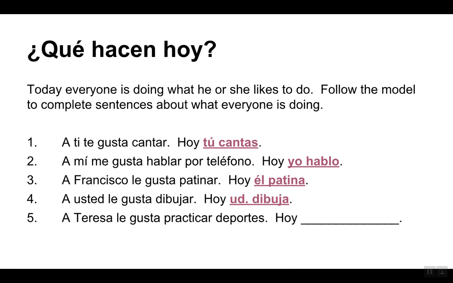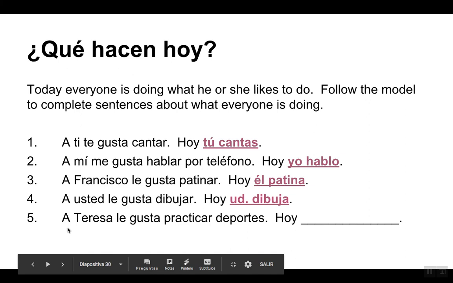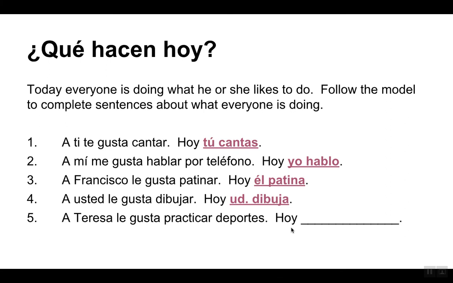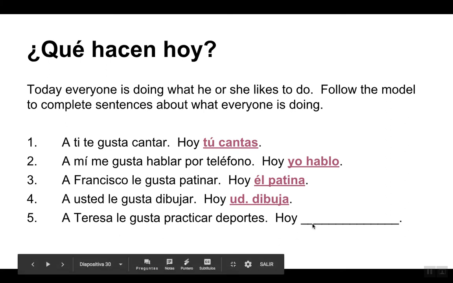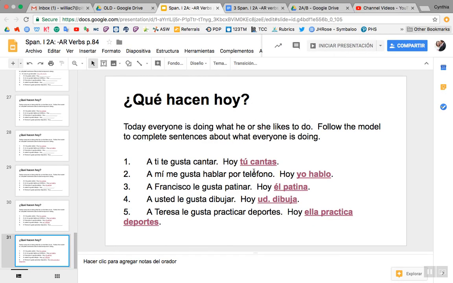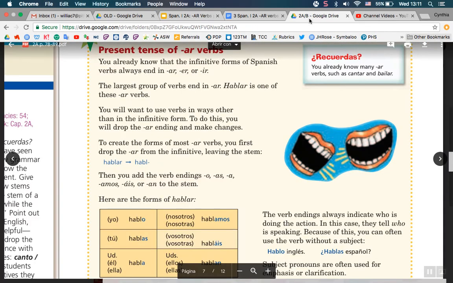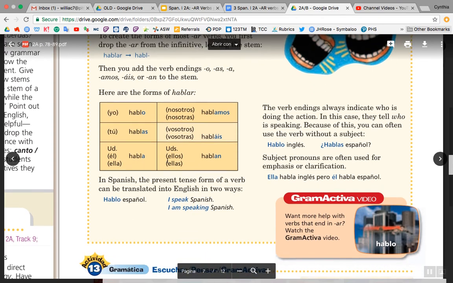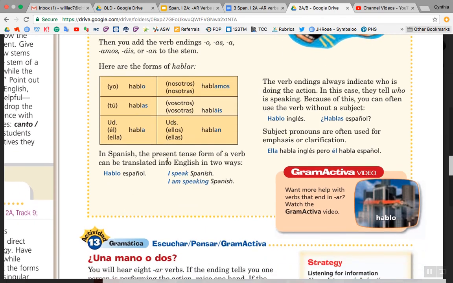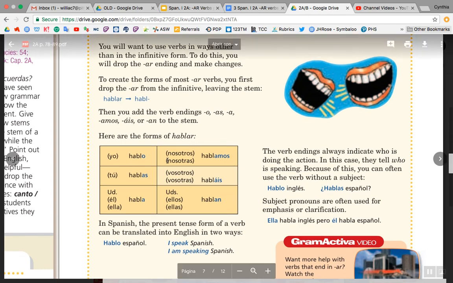Hoy, usted dibuja. Today, you, formal, draw. 5. A Teresa le gusta practicar deportes. Hoy, you figure it out? Teresa is ella. Ella practica deportes. Okay? I do believe that's it there. Let's take a look and make sure we got everything. Looks like we do.